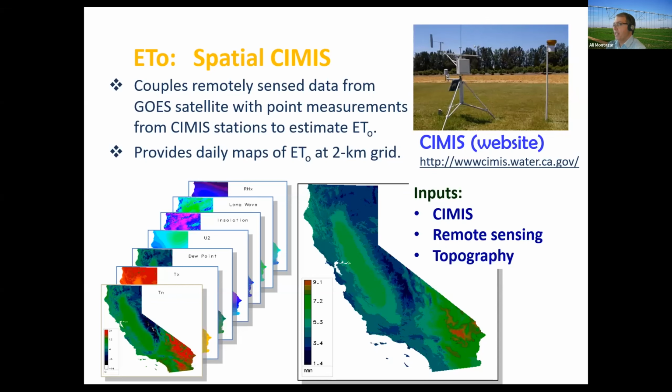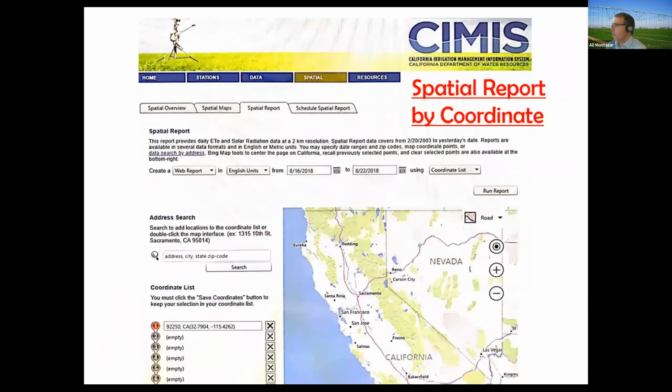This is very important. It doesn't show ETo at the CIMIS station; that's your field. So it's a very user-friendly tool. All you need to do is go to the CIMIS website, look for Spatial CIMIS on the top of the page, and create a free account for yourself. You just provide an email address.